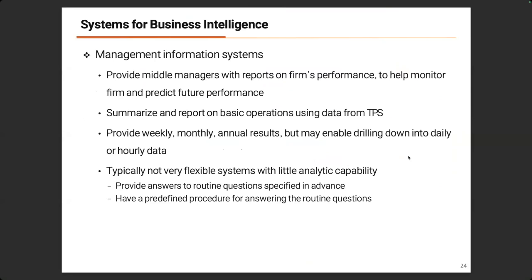It provides middle managers with reports on the firm's performance to help monitor the firm and predict future performance. Its main job is to summarize and report on basic operations using data from the TPS. And it can provide weekly, monthly, annual results, as well as daily or hourly data.